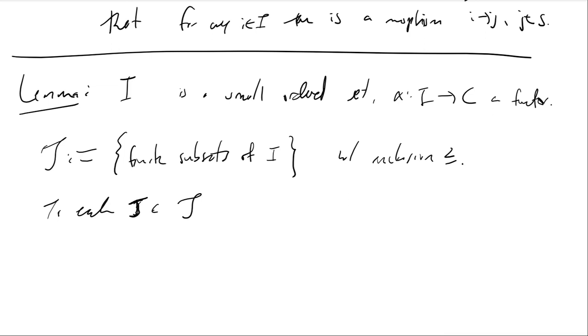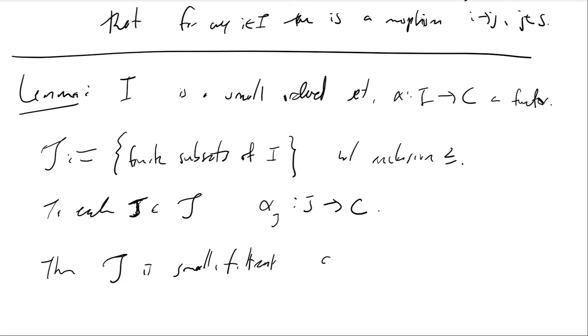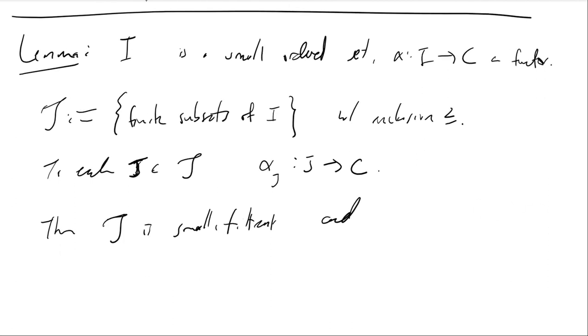To each ordinary set j in our fancy j, we have the restriction, alpha j, which goes j to c, and the claim is that the fancy j is small and filtrant, and we get a formula which says that the limit of alpha is the same thing as the limit over the j in fancy j of the restrictions of the alpha j.